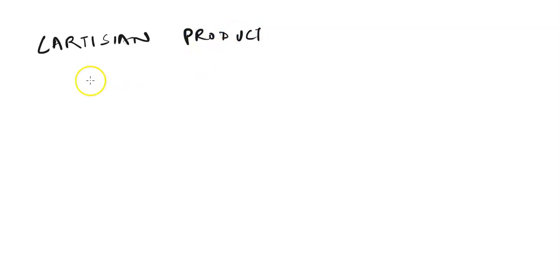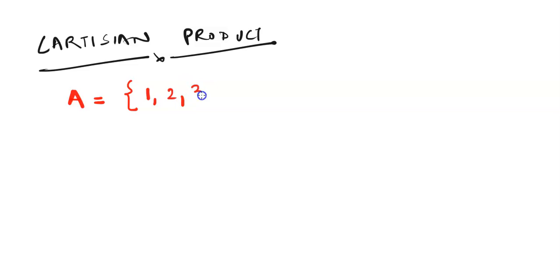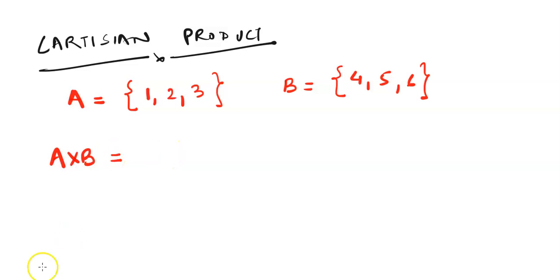So the last thing remaining in set operations is the Cartesian product. What does that mean? If you have set A, which has values 1, 2, and 3, and you have set B, which has values 4, 5, and 6, then A cross B is basically, so what does that mean?